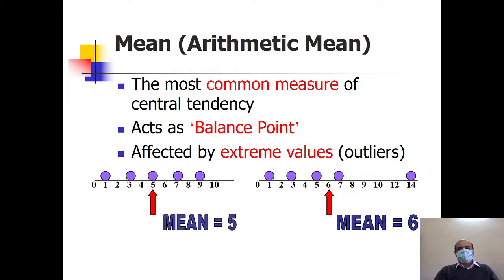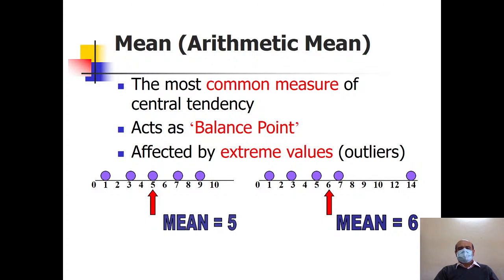The most common measure of central tendency is mean. It is used most commonly. It acts as a balance point, which can be affected by extreme values. Those are known as outliers. So there are three characteristics which are very important to know.